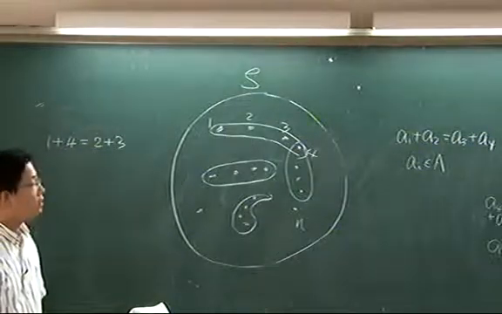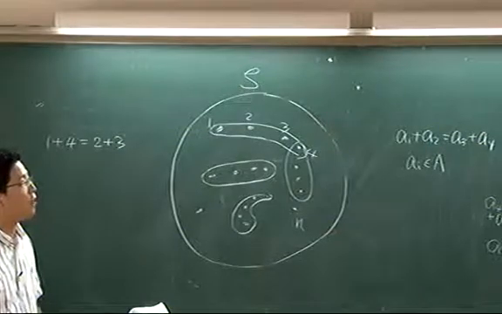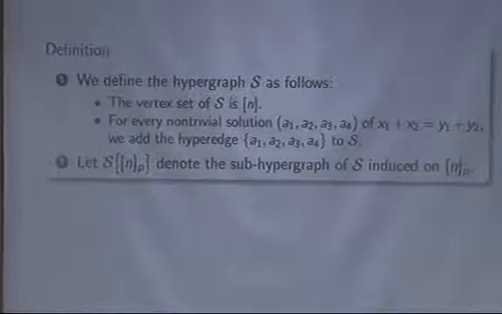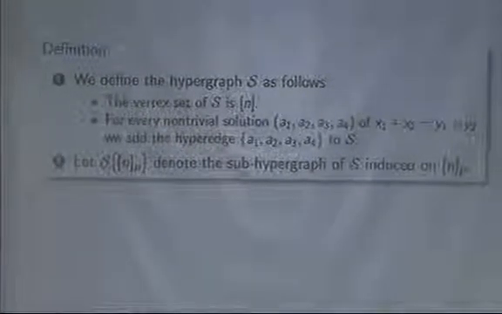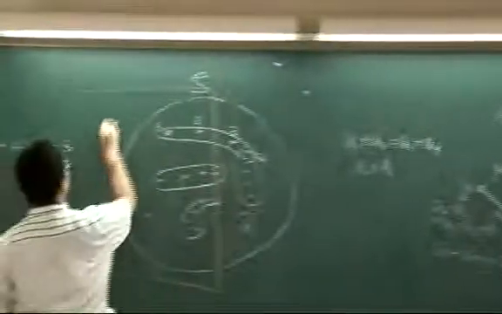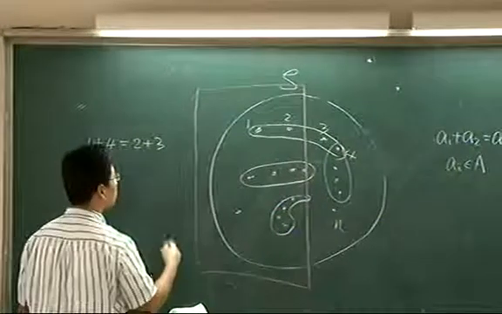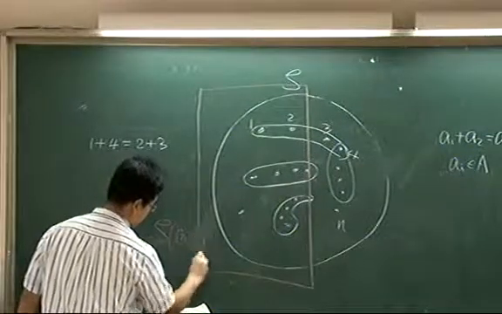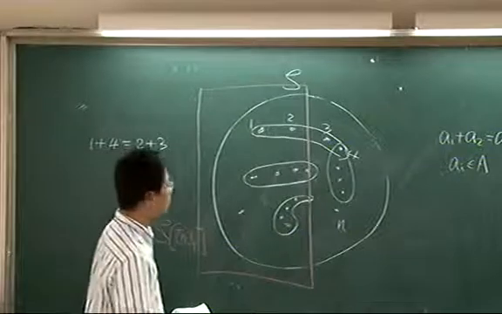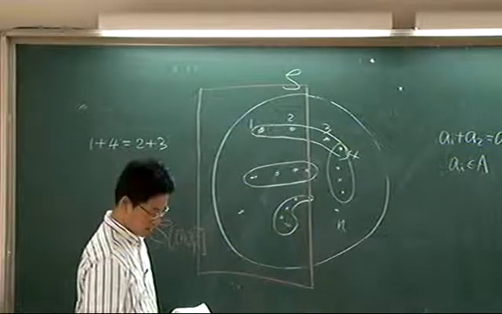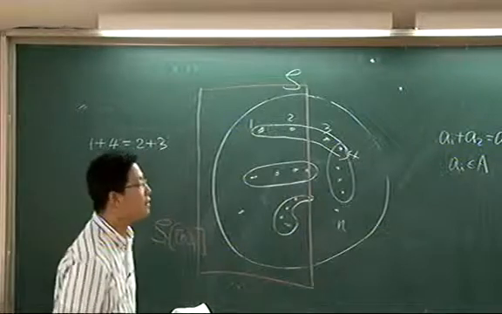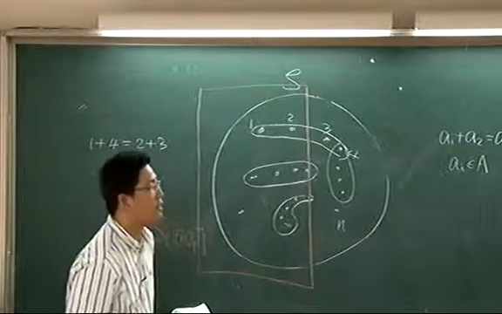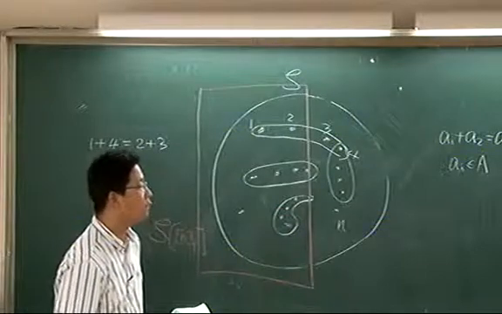Let S of n,p denote the subhypergraph of S induced on the random set n,p. So now we are interested in the induced subgraph F of n,p. Then we can understand the following. The set U is an independent set in S of n,p if and only if U is a Sidon subset of n,p.